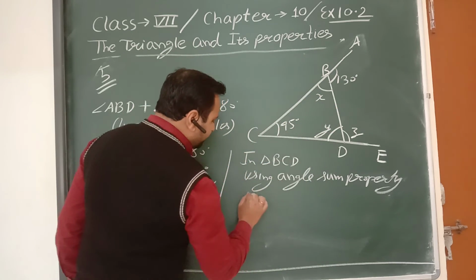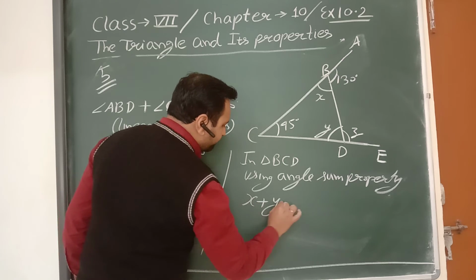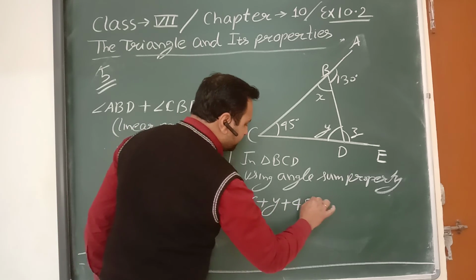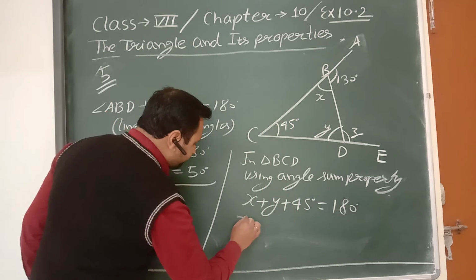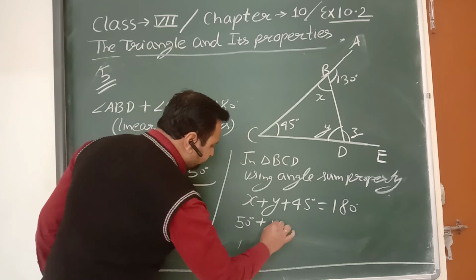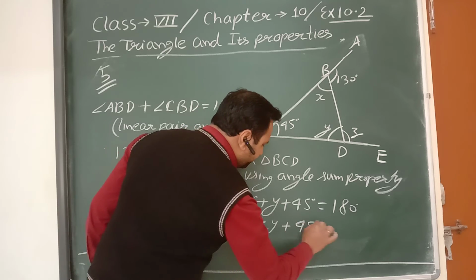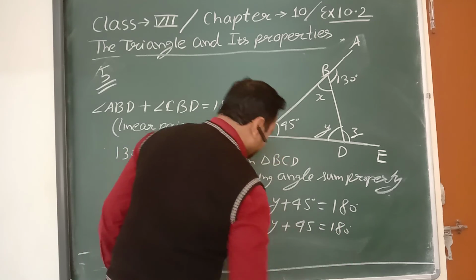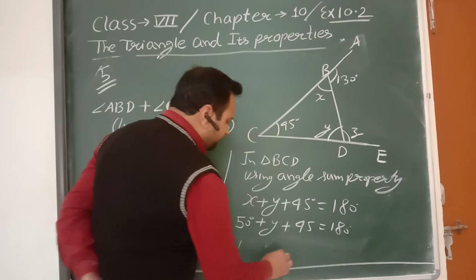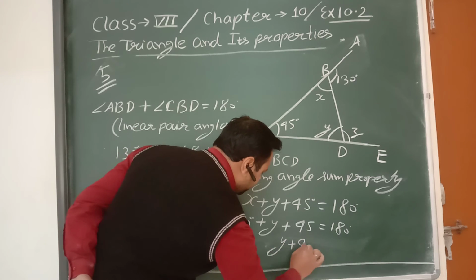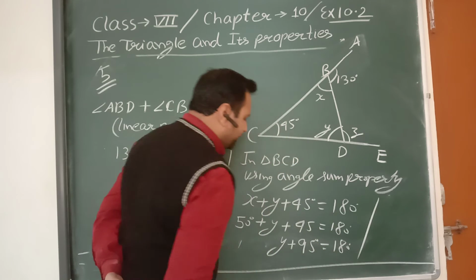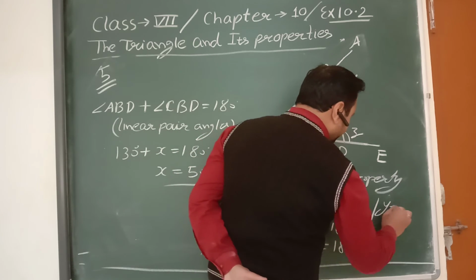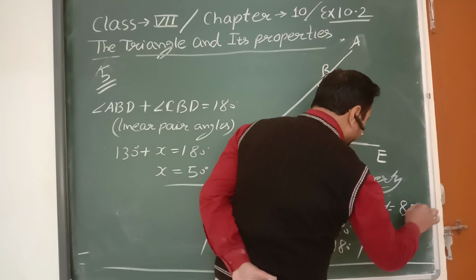The sum of these three angles, it means x plus y plus 45 degrees is equal to 180 degrees, in which x we have calculated as 50 degrees and y we have to find out. 50 degrees and 45 degrees, their sum is 95 degrees. And after calculation the value of y we obtained is 85 degrees.